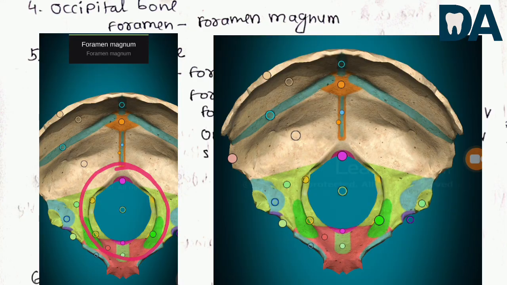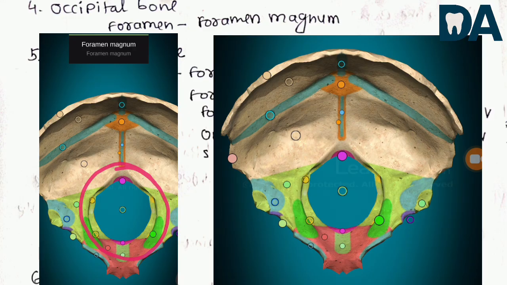Occipital bone. Occipital bone forms most of the base of the skull. It articulates with the parietal bone at the lambdoid suture. The foramen magnum, the big foramen.